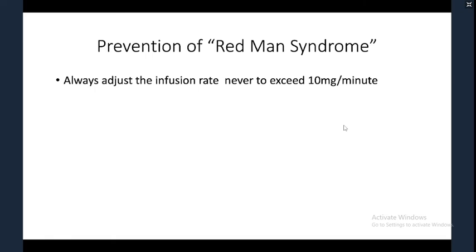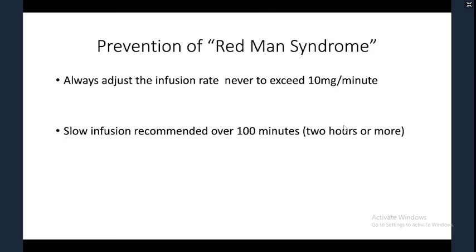If you reduce the infusion rate to 10 milligrams per minute, you can effectively reduce the possibility of developing red man syndrome. That is why when we are prescribing vancomycin, we always specify the time period, that is to give the vancomycin dose over 2 hours.